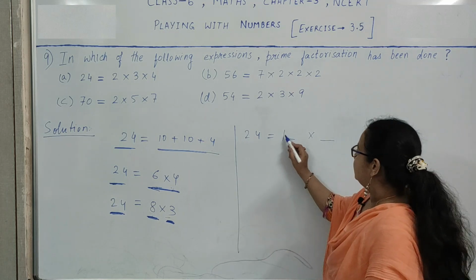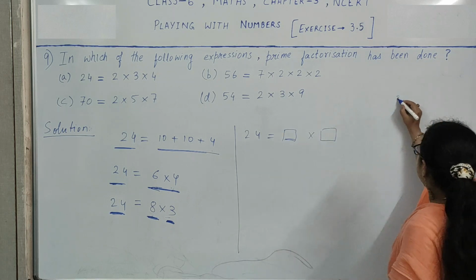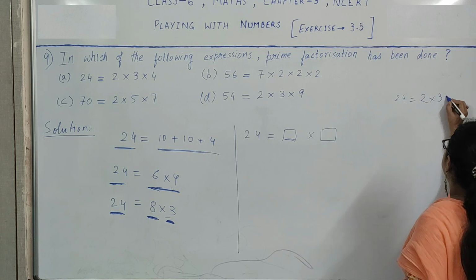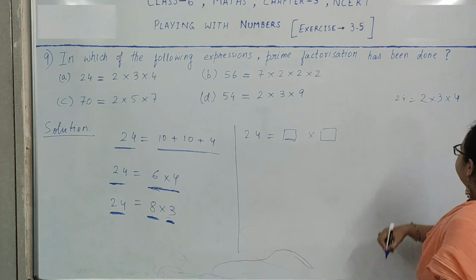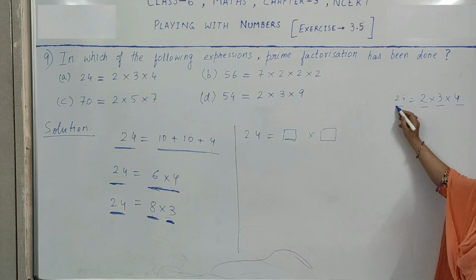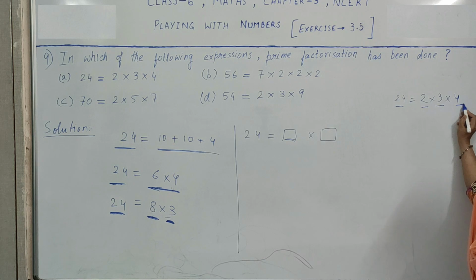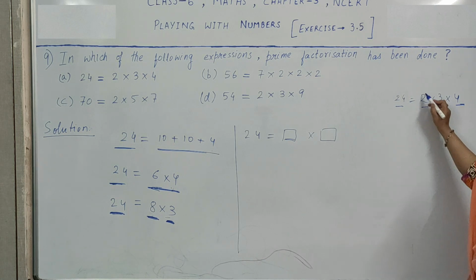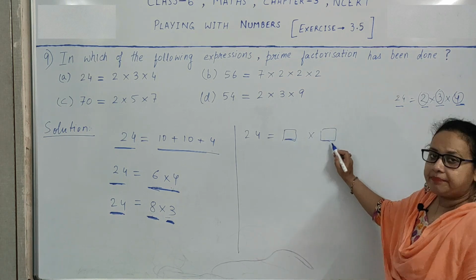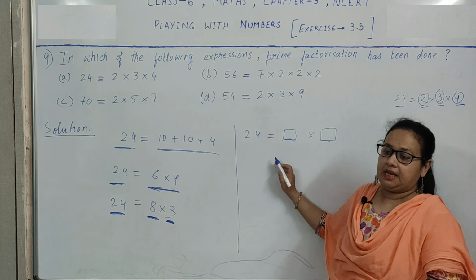Because 24 can also be expressed as 2 multiplied by 3 multiplied by 4, right? So 24 is expressed as a product of its 3 factors, right? But are all these factors prime numbers? When the factors are prime numbers, we can say that the number has been prime factorized.